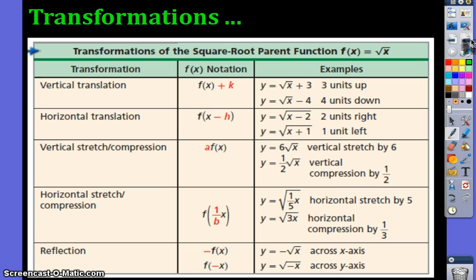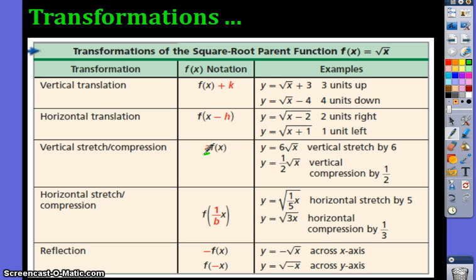Okay, transformations. The transformation rules are the same as they've always been. I'll give you a second to hit pause and record some of this down. We want to pay close attention to the stretches and the compressions, because those are ones that we always struggle with. If we're doing a vertical stretch or a compression, we're multiplying the whole function by a value.